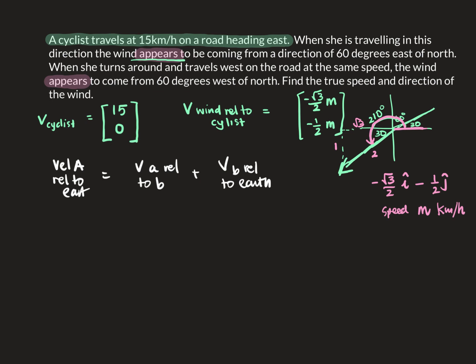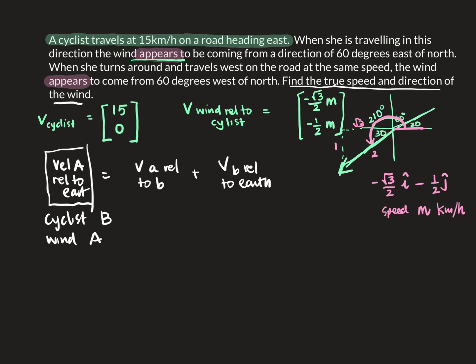In this case, I'm going to say that the cyclist is B and the wind is A. And I'm saying that because I want A relative to Earth. Find the true speed and direction of the wind. That's the wind is what I'm looking for, the velocity of the wind, so the wind relative to Earth.